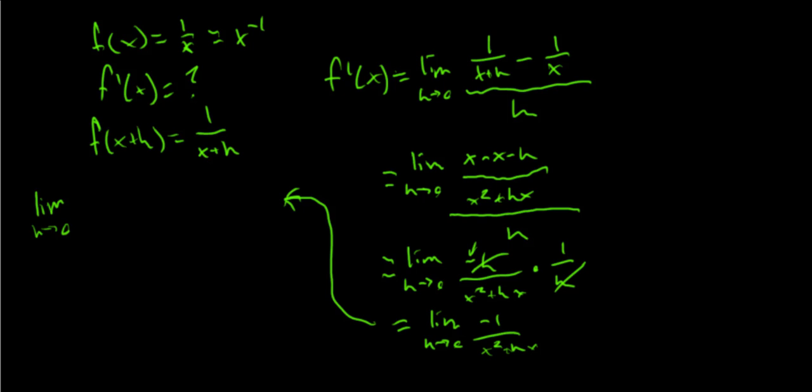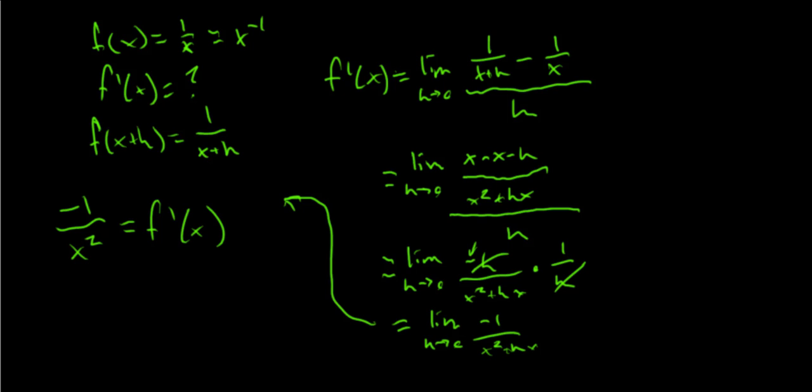When we evaluate that, we're going to have negative 1 over x squared. And when we evaluate the limit as h approaches 0, the hx goes away because 0 times x is 0. So we're left with f prime of x is equal to negative 1 over x squared.